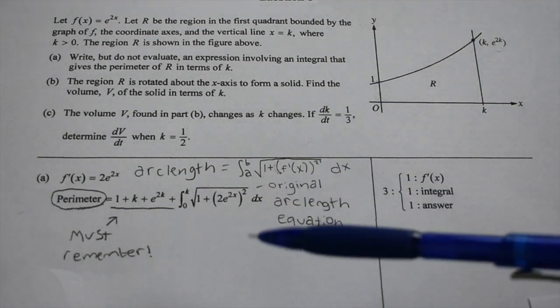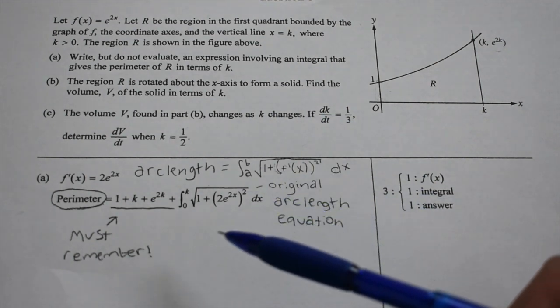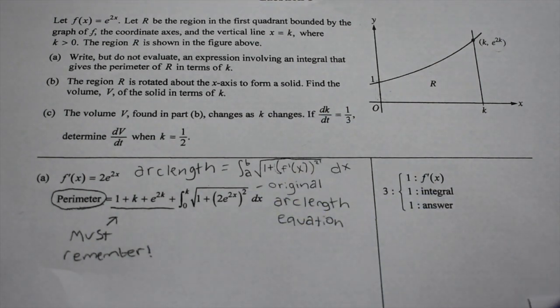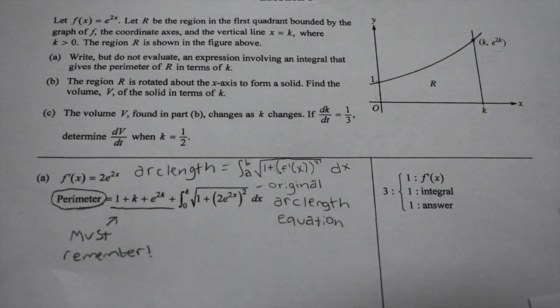And then now we can get to our arc length part. We need to remember the regular arc length equation, that's not polar or parametric: the integral from a to b of the square root of 1 plus f prime of x squared dx.